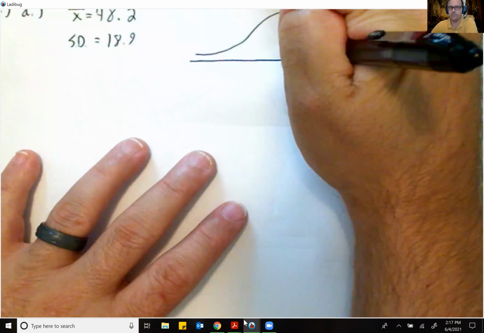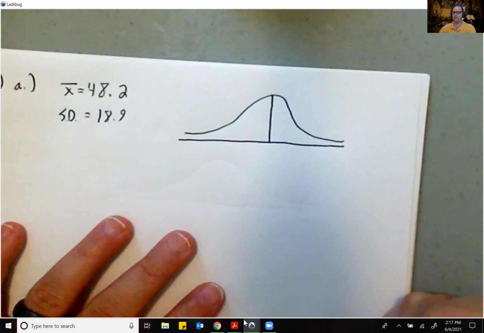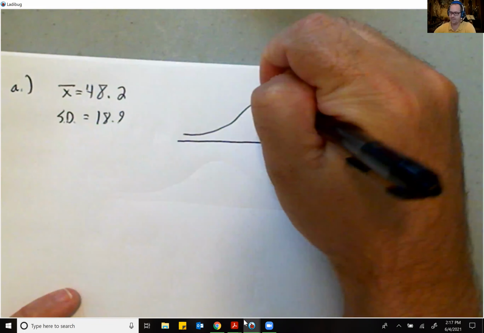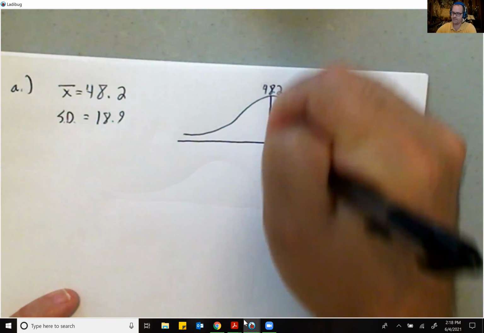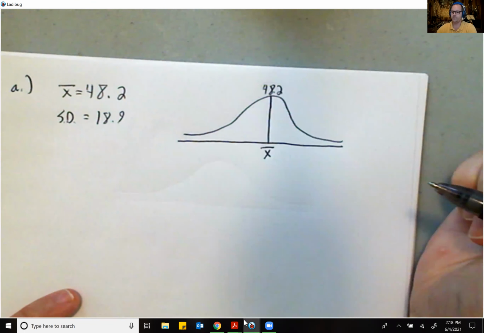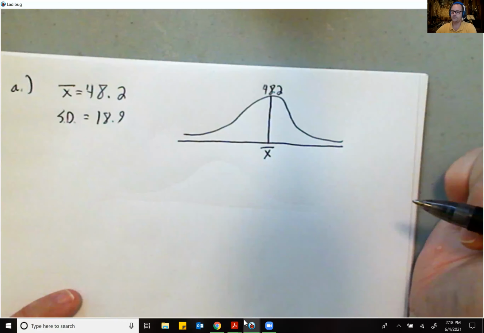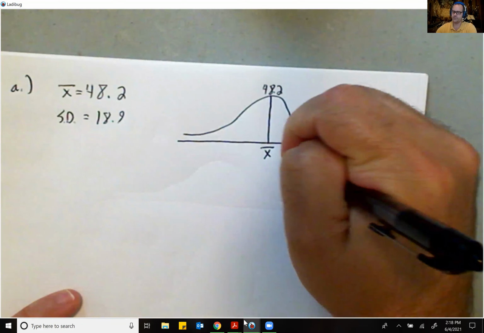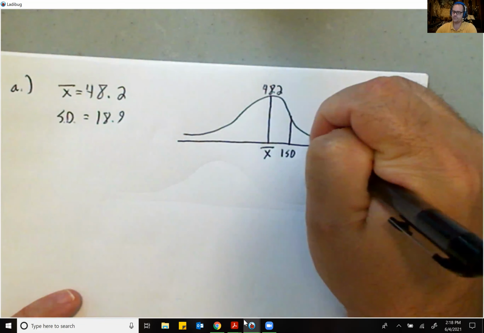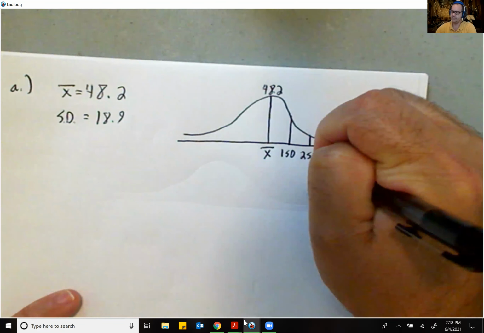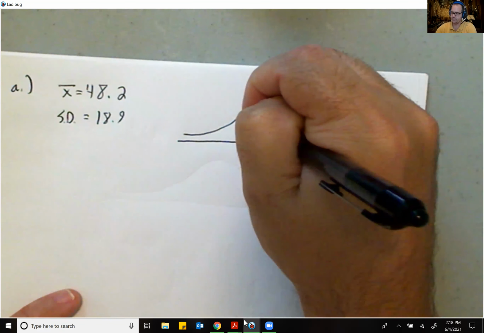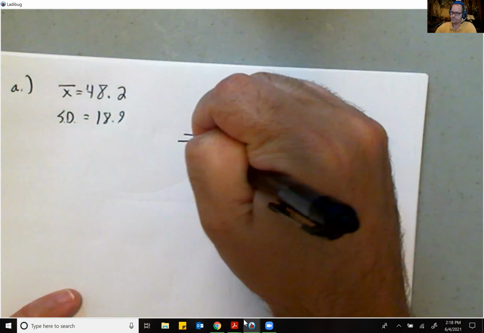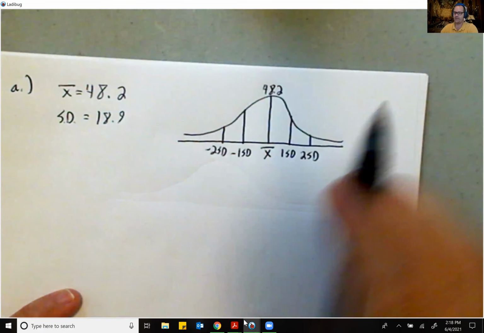Who is in the middle of our symmetric unimodal distribution? 48.2, because that's our mean. When you're symmetric, the mean is in the middle. Let's go 1 standard deviation and then 2 standard deviations above, and we'll do 1 standard deviation below and 2 standard deviations below. How do I get these top values again?